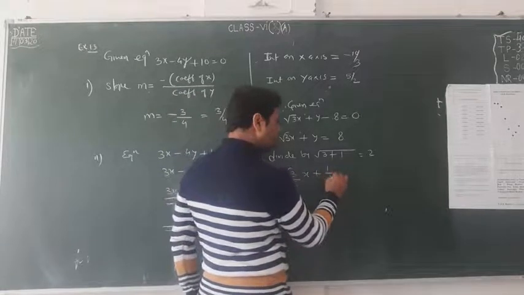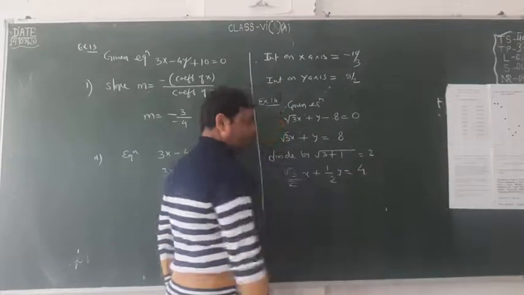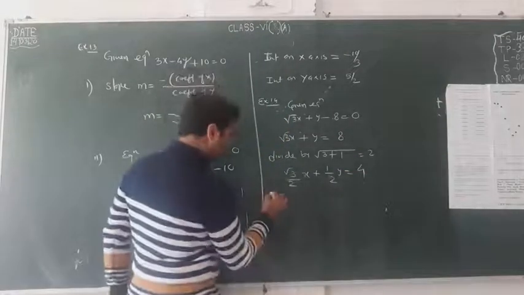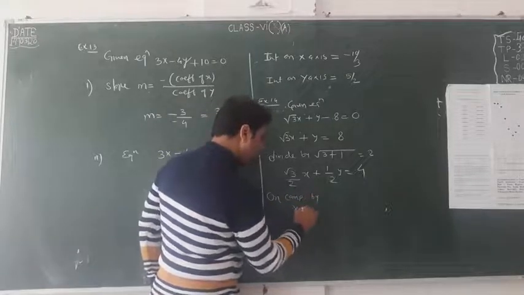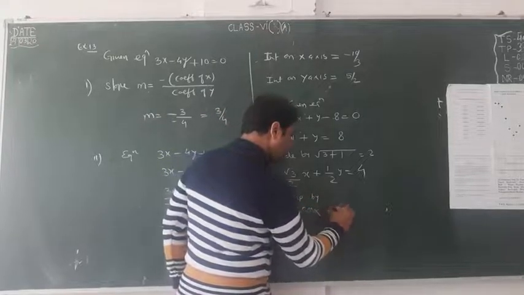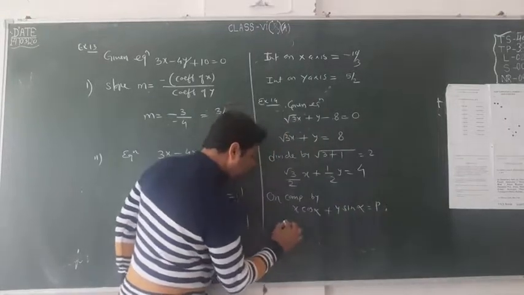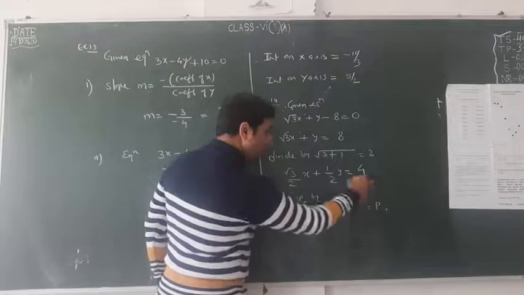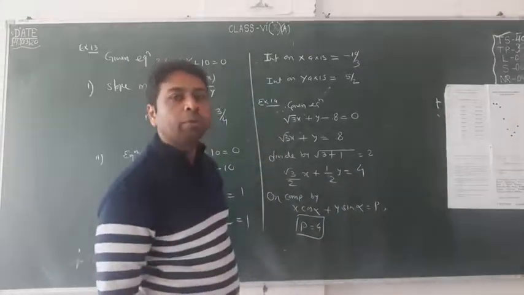This is equal to 8 by 2, which is 4. So on comparing with x cos alpha plus y sin alpha equals p, one can understand that p is equal to 4, which is the perpendicular distance of the line from the origin.